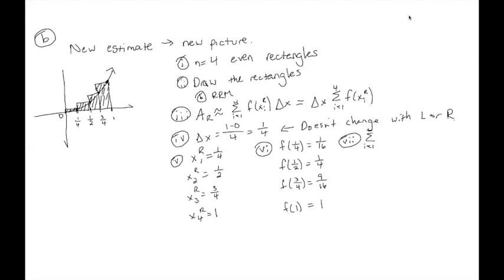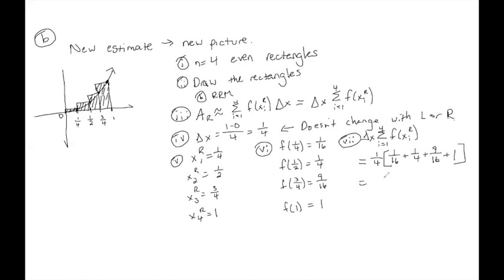I should have my delta x on the outside. That's probably better. So my delta x is still on the outside, and I have the sum i equals 1 to 4 of f of x i super r. This is equal to delta x, and that's 1/4. And now I have the sum of all of my f values. So I have 1 over 16 plus 1 over 4 plus 9 over 16 plus 1. Okay, simplifying this, just get a common denominator.